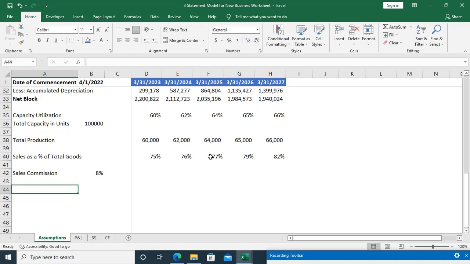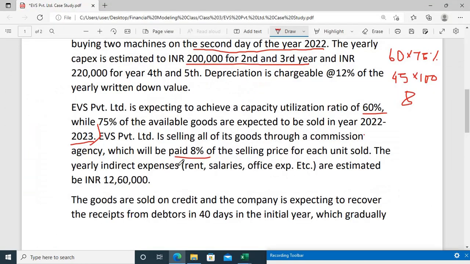Now let me do one or two more line items first. The next thing is the SG&A expenses, that is selling, general and administrative expenses, which is the indirect expense given here.